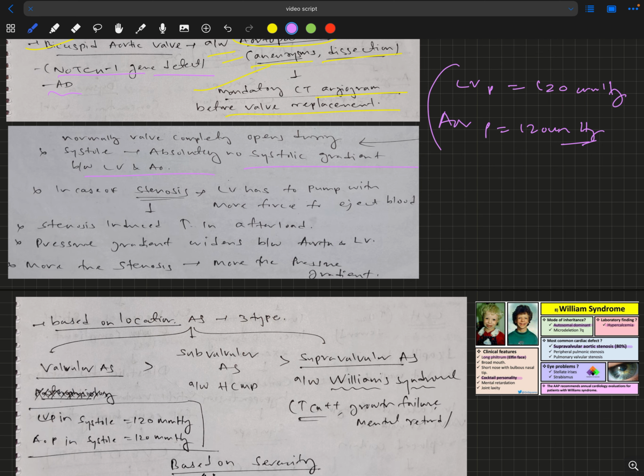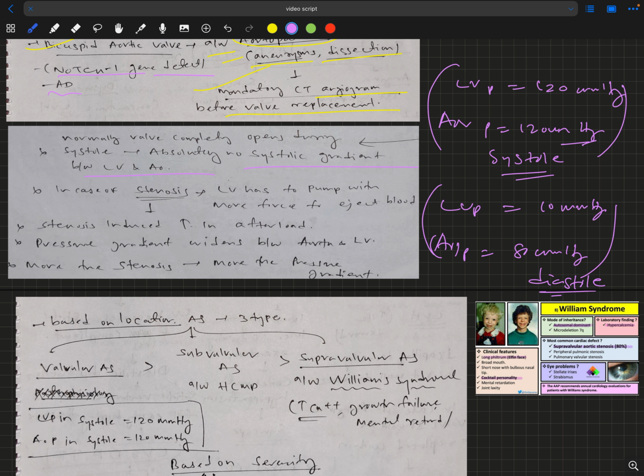During diastole, left ventricular pressure is about 10 mm of Hg, and aorta pressure is 80 mm of Hg.